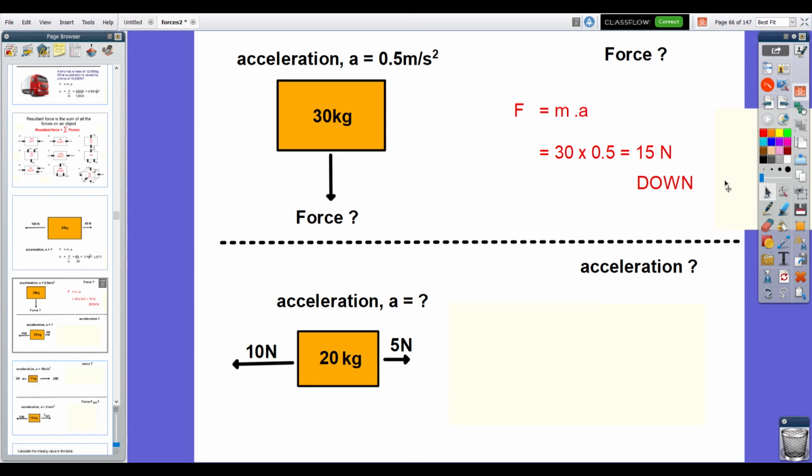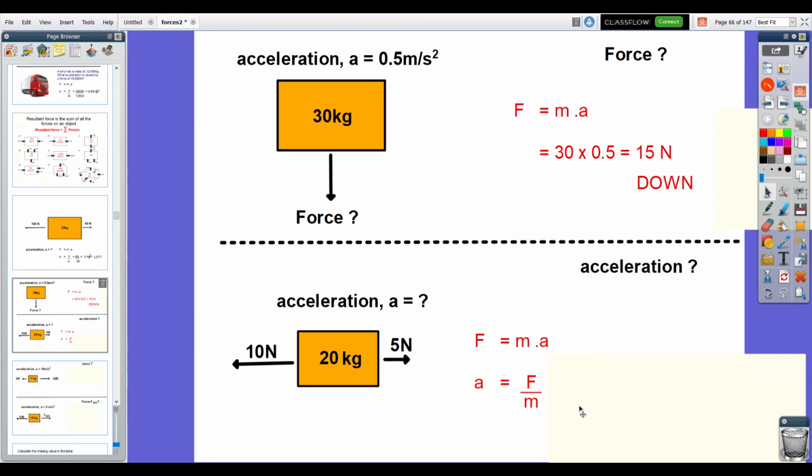Second one, acceleration. We're going to write down F equals ma, then a equals F over m. Well, what is the force? We've got to be a little bit careful here because there's no one force. We've got to get the resultant force. We've got 10 to the left and 5 to the right.